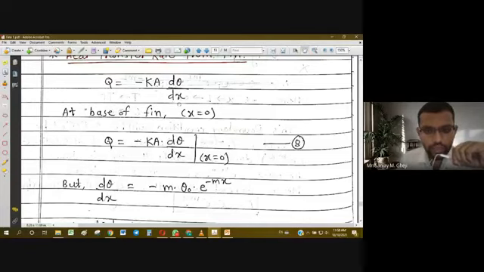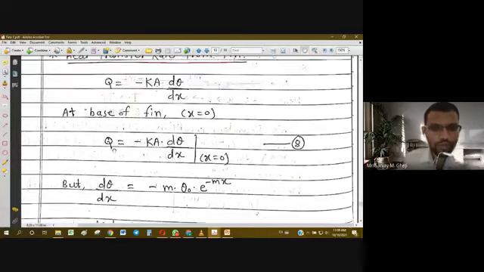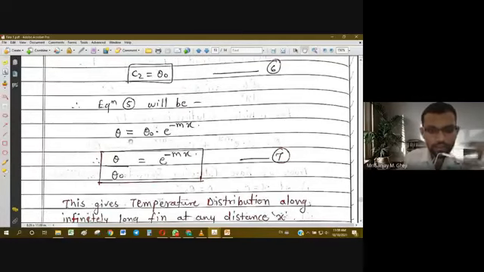So we have to take the value of d theta by dx, that is the temperature gradient, at the base, that is at x equal to 0. Okay. So now we have to evaluate d theta by dx at x equal to 0. So d theta by dx is equal to minus m into theta 0 e raised to minus mx. Okay, so this comes from this relation or this equation.